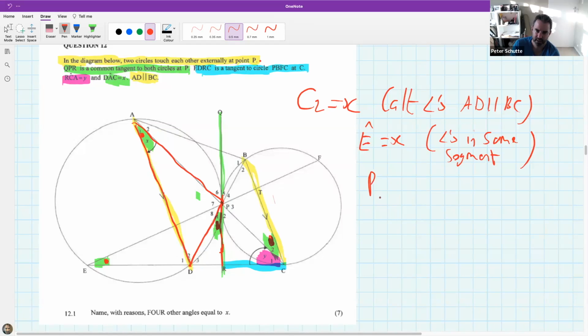So we can say that P1 is equal to X by the tan chord theorem. Yeah. We need one more, ladies and gentlemen. We need one more angle. P8, not P8. Could we say D1? No, because D1 would match with P7.